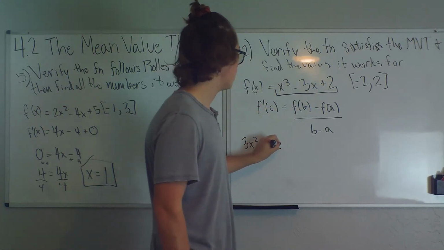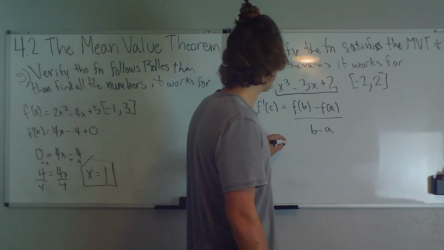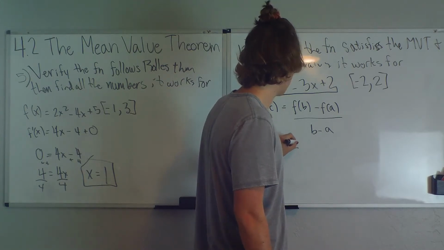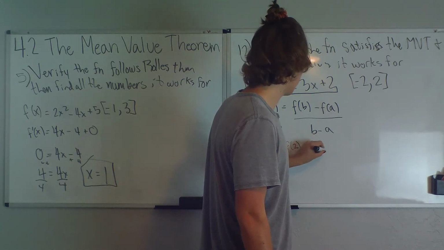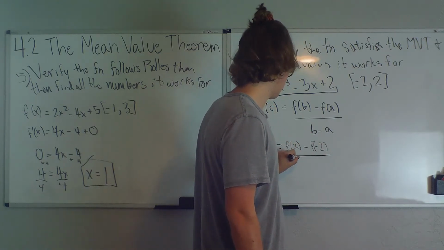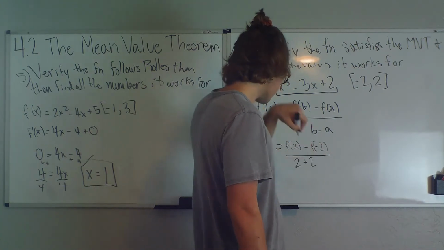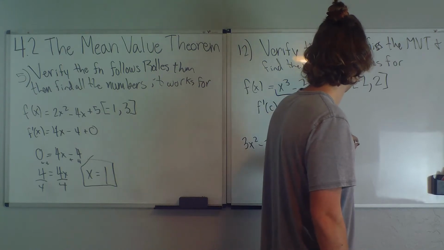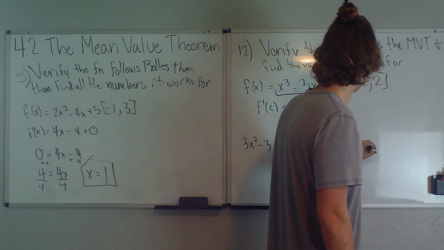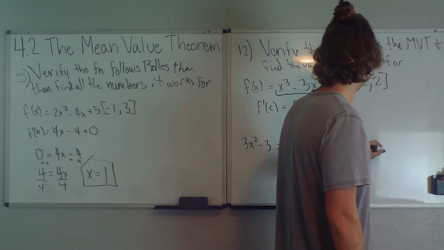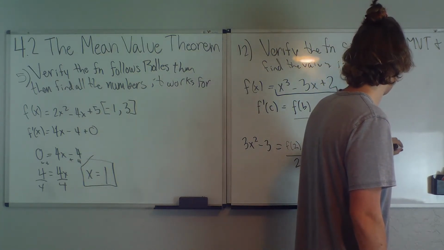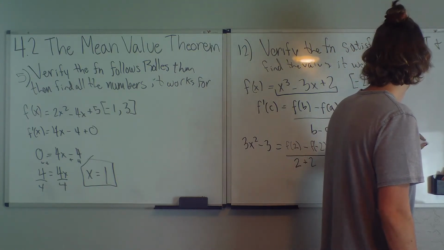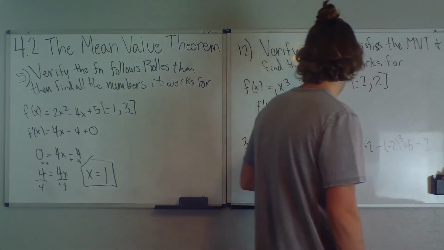is equal to, well, what's f of b? F of b is going to be f of 2, so f of 2 minus f of negative 2 divided by 2 minus negative 2. Okay, what is that equal to? This is equal to 2 cubed minus 6 plus 2 minus negative 2 cubed plus 6 minus 2, correct?